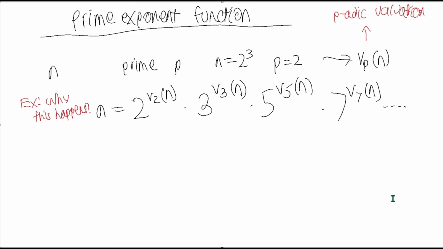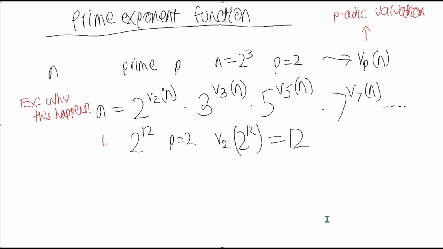Anyways, so now let's consider some more specific examples. So 1. Let's consider the number 2 to the power of 12. And we have p equals 2. Then nu 2 of 2 to the 12 is equal to 12 because that's the exponent over here.